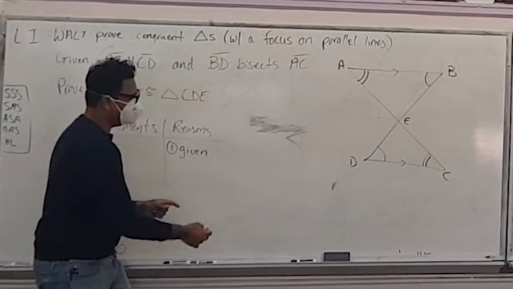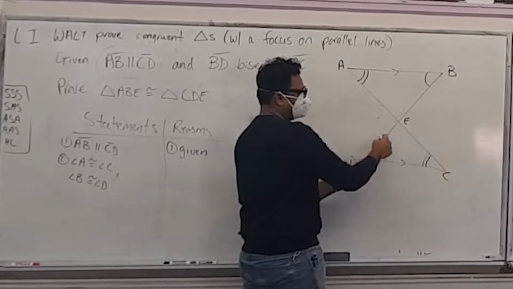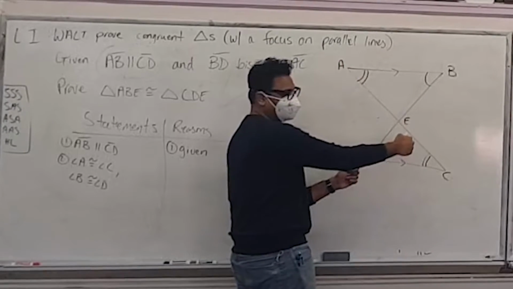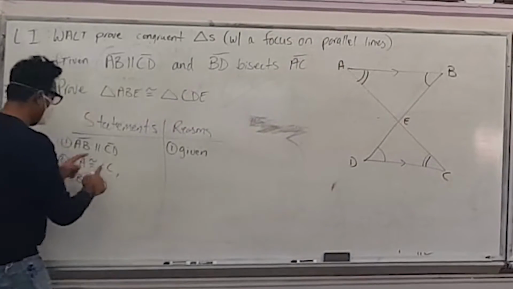So like DB is going to be a transversal in this case. That's what gave us those angles. And AC will be the other transversal. So those two angles are congruent.